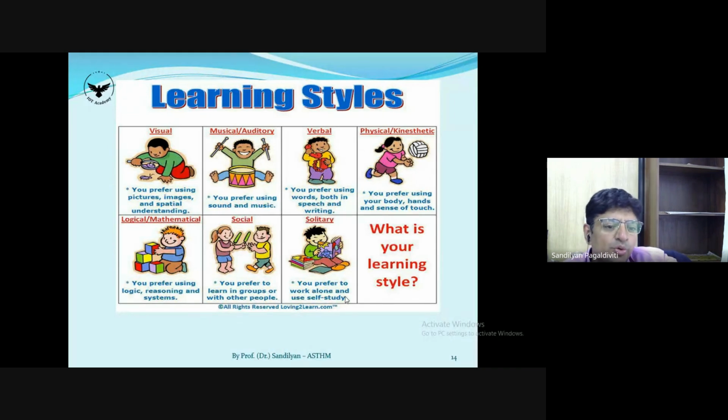There are students who learn by logic. There are students who learn in groups. Individually, they get bored. And there are other side who learn alone.